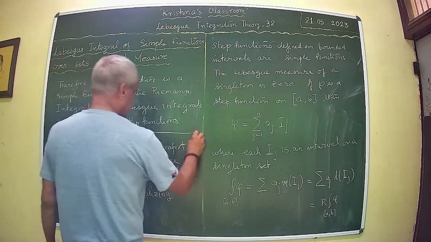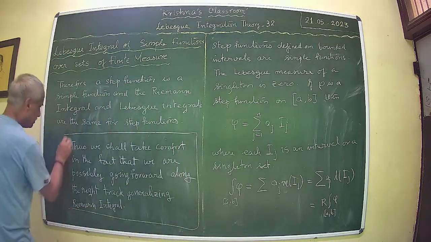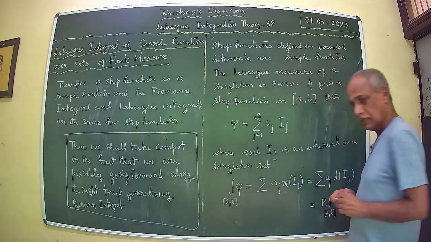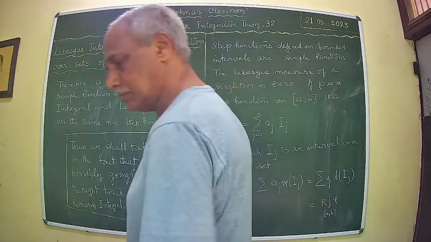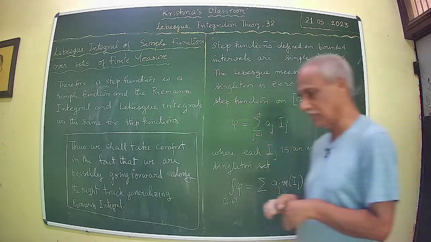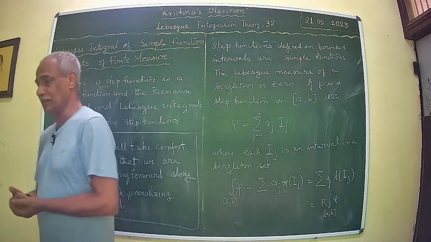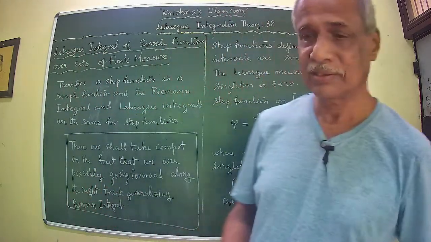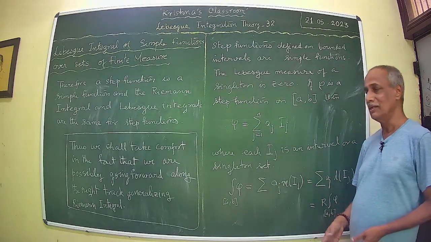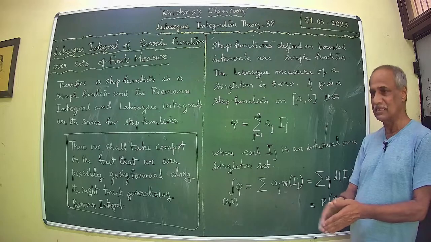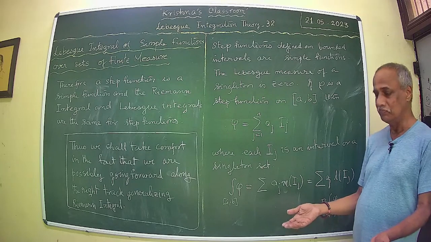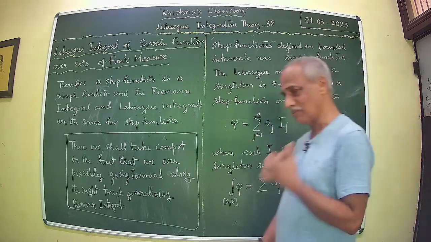So this is our objective. We are along the right track, at least for step functions. We see that both the integrals coincide. Therefore, eventually what we expect is that all Riemann integrable functions are Lebesgue integrable and the Riemann integral coincides with the Lebesgue. So there is some time in between before we reach that. Okay. Thank you very much.